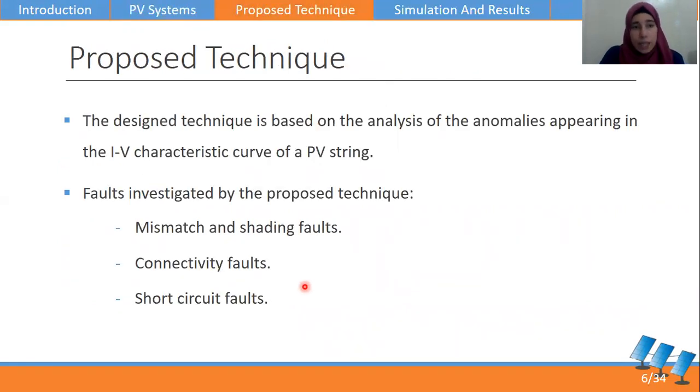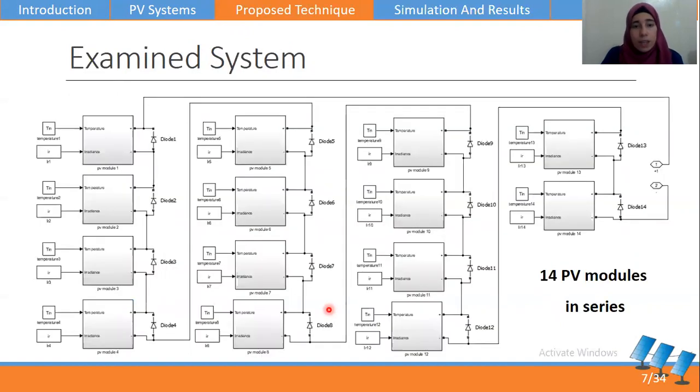Proposed technique. The technique is based on the analysis of the anomalies appearing in the IV characteristic curve of a PV system. The faults investigated by the proposed technique are mismatch and shade fault, connectivity fault, and short circuit fault. The fault diagnosis will be applied on a PV string composed of 14 PV modules connected in series.